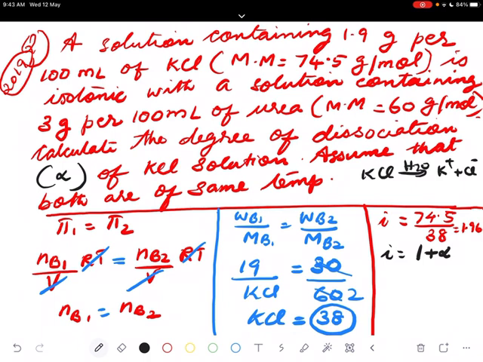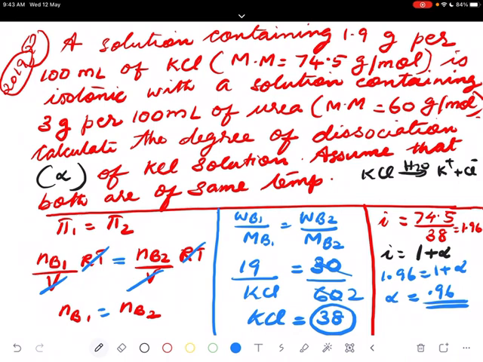So 1.96 is equal to 1 plus alpha, or alpha is equal to 0.96. So what will be the percentage? If they ask for percentage of dissociation, you simply multiply this by 100. So 96%.